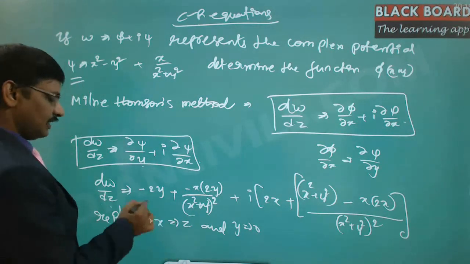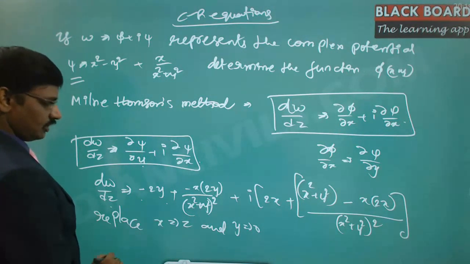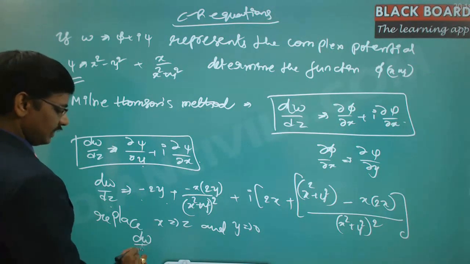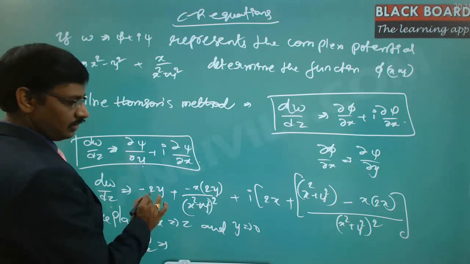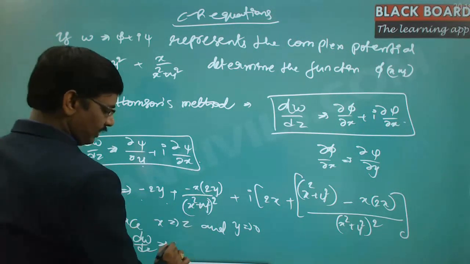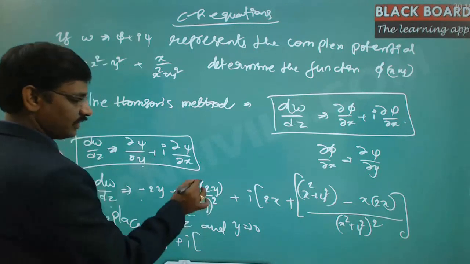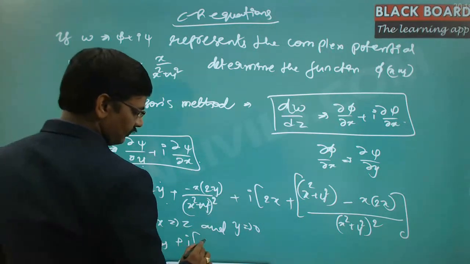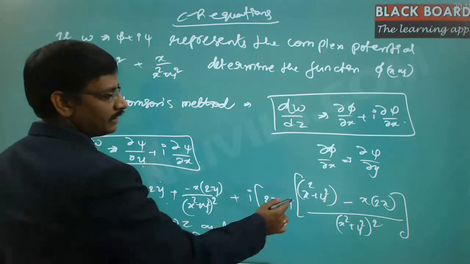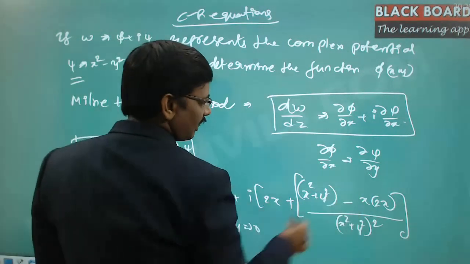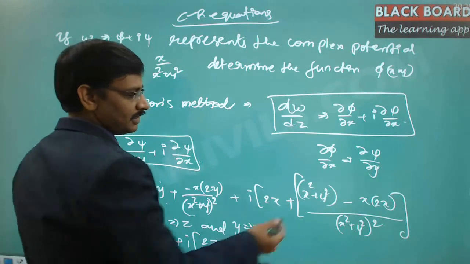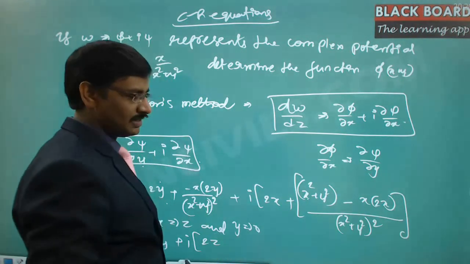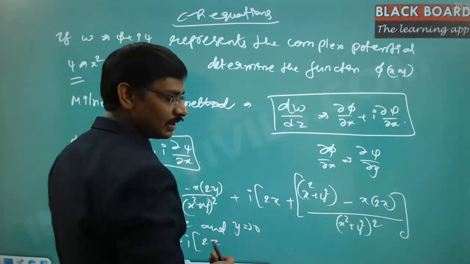So here minus 2y. So dw by dz is equal to, this is 0 and this is also 0, plus i times, because y is equal to 0, so here also 0, here also 0 is there. Now i times 2z, and here x square plus y square minus 2x square. That means x square minus 2x square is minus x square, and y square you can replace by 0.